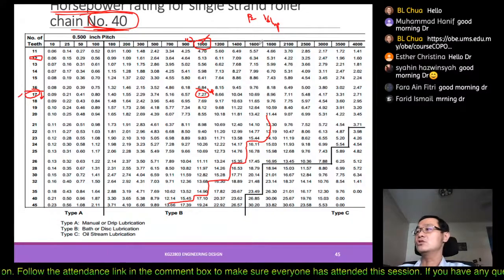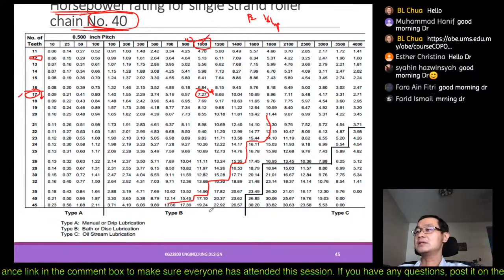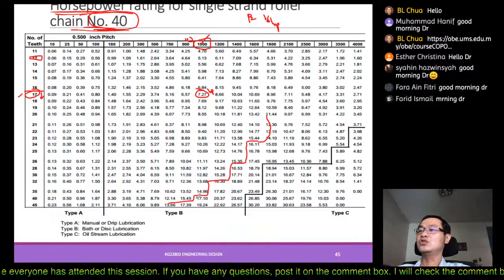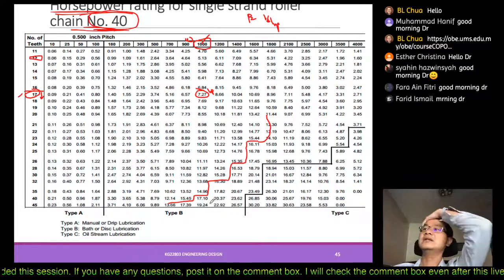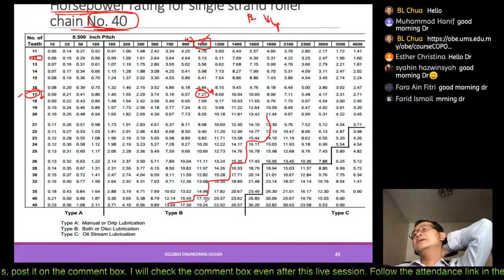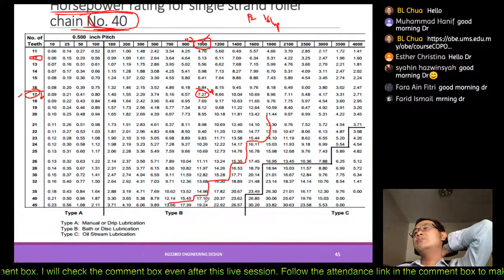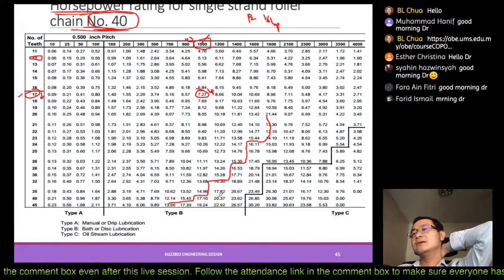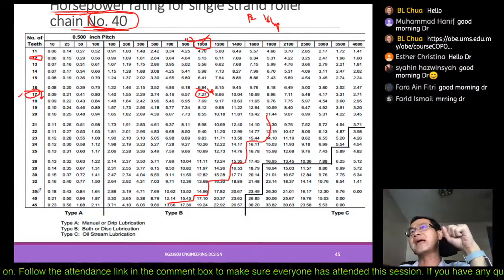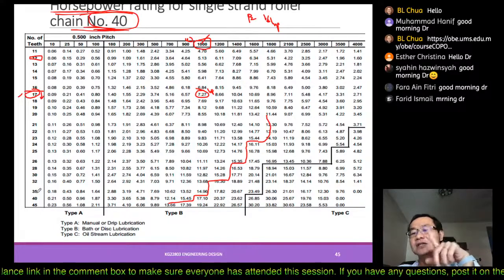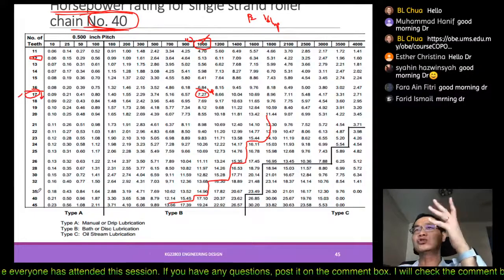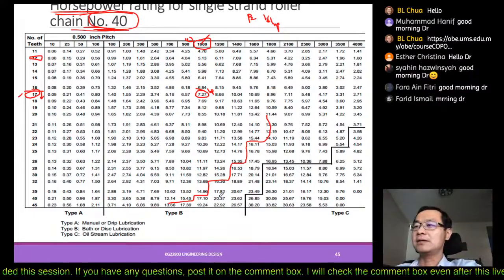If we intend to use 1000 RPM, these are the available numbers of teeth that we need to use in order to carry that amount of power being transmitted. When we increase the number of teeth, we are actually increasing the number of contacts of the teeth of the sprocket that transmit the power.